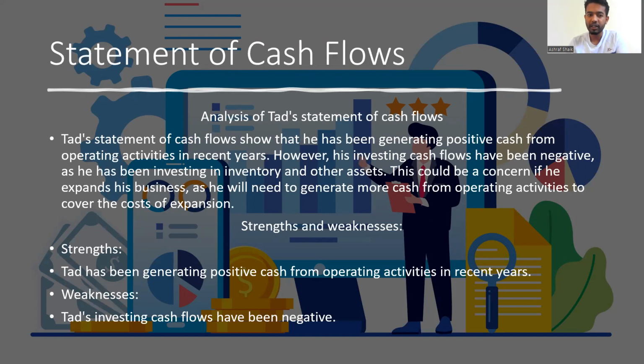This could be a concern if he expands his business, as he will need to generate more cash from operating activities to cover the cost of expansion. So this was the analysis of TAD's cash flow statement. The strength is that TAD has been generating positive cash from operating activities in recent years, and the weakness is that TAD's investing cash flows have been negative.